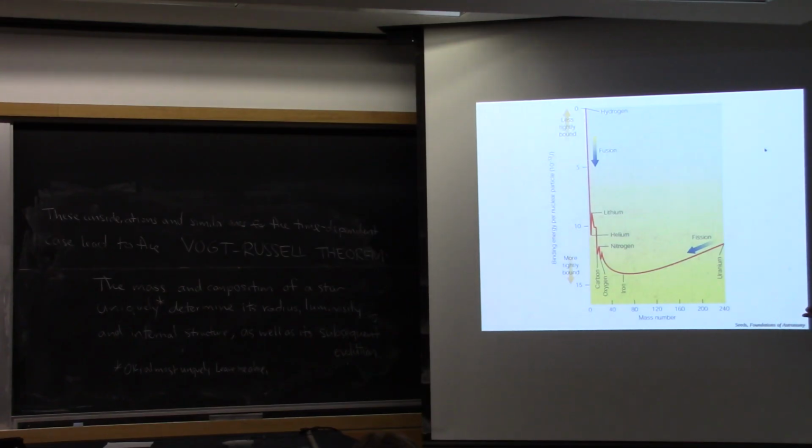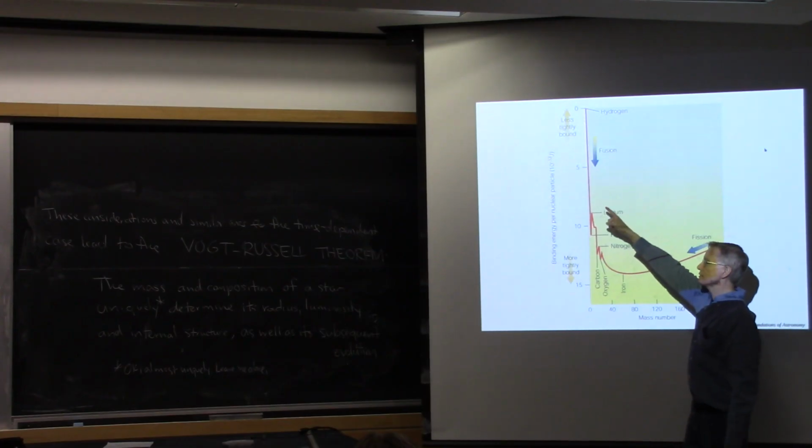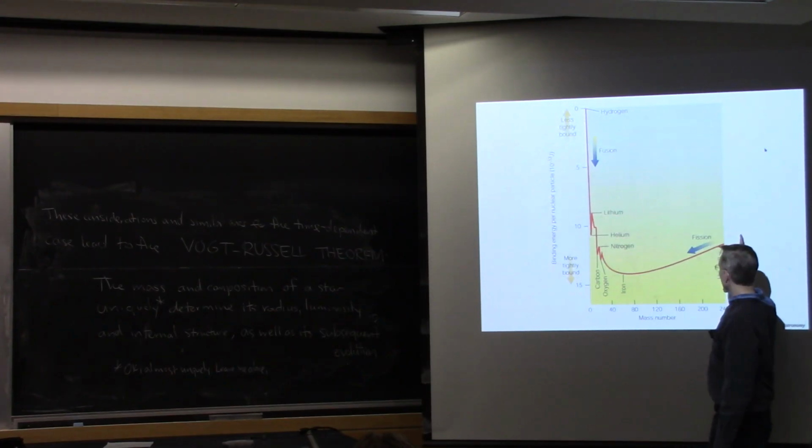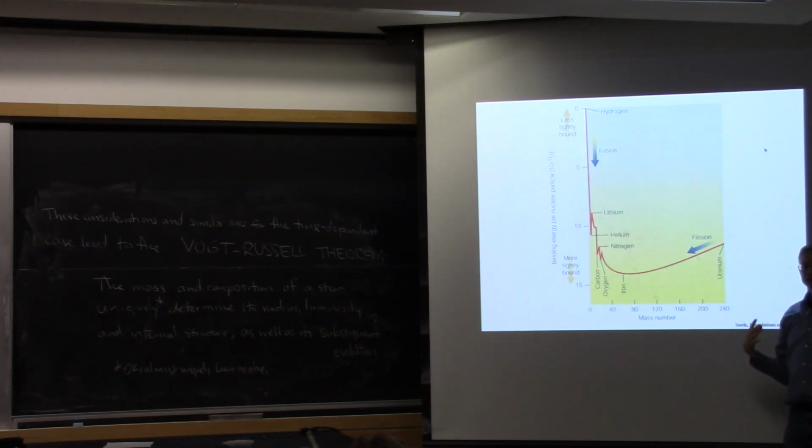And what we find is that the plot of binding energy per nucleon looks like this, and in particular, of all nuclear species, iron 56, 26 protons and 30 neutrons, has the highest binding energy per nucleon.